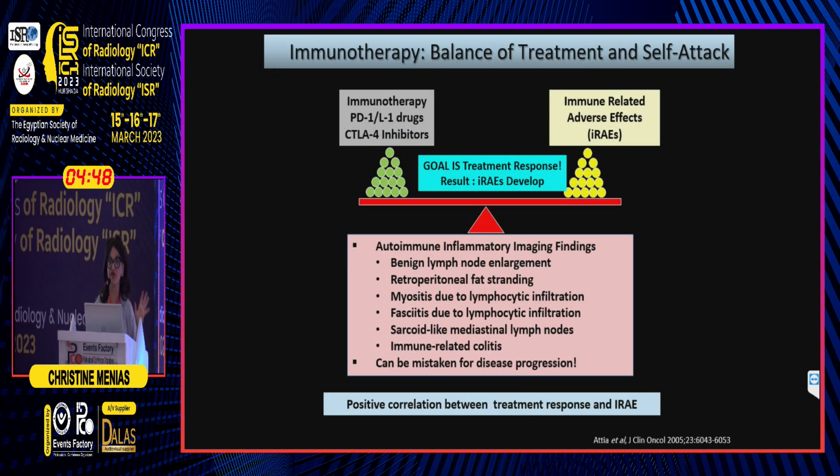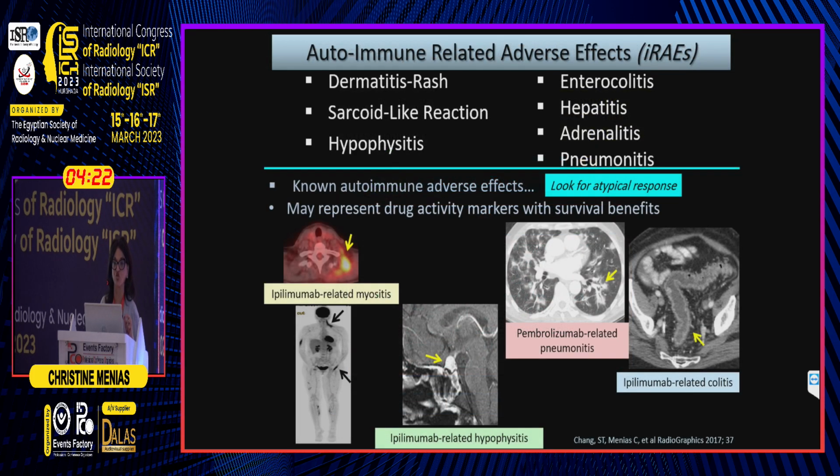And so there is a balance between the self-attack adverse effects and what the targeted immunotherapy is doing against the tumor. So the oncologist knows that if the patient has a big reaction, starts having a rash, the targeted therapy is working. He's going to continue that immunotherapy because he knows that these adverse effects mean it works.